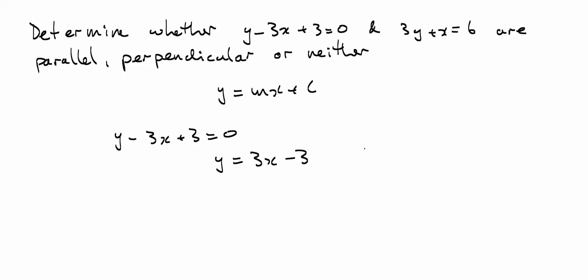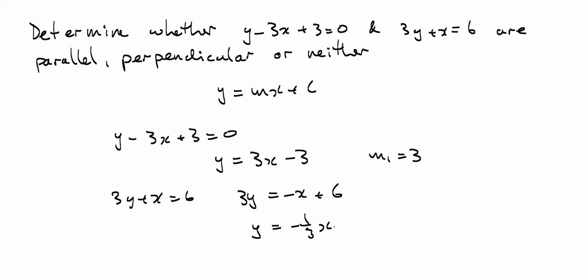So the gradient, we call it m1, is 3. And for the second one, 3y plus x equals 6, we'll subtract x from both sides and get 3y equals minus x plus 6. And then we're going to divide everything by 3. So we get y equals minus a third x plus 2.